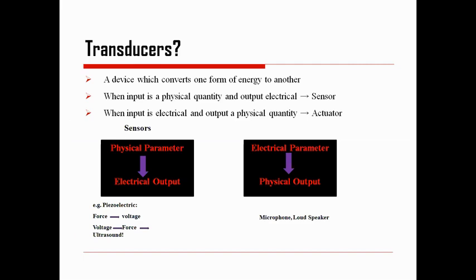Now, these two terminologies are vice versa to each other, and the diagram below shows an example representing some physical parameter. Suppose we give a pressure to a particular sensor or transducer. At that time, with reference to that input, the pressure, it will generate an electrical signal.